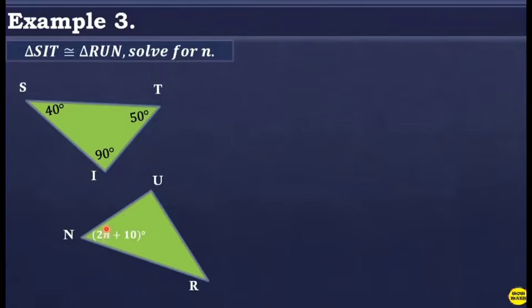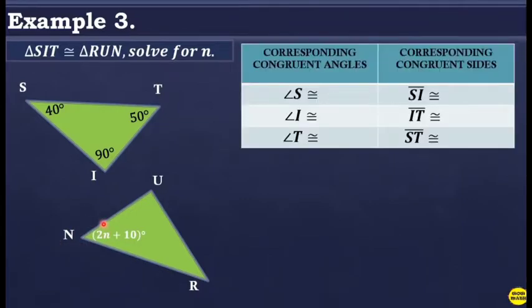So, we have to solve first for the value of n or yung unknown natin for us to determine the measure of this angle. Okay, so unang gagawin, identify muna natin yung corresponding congruent angles and sides. So, angle S is congruent to angle R. Kung nalilito, pwede natin tingnan yung name niya, yung congruent statement.